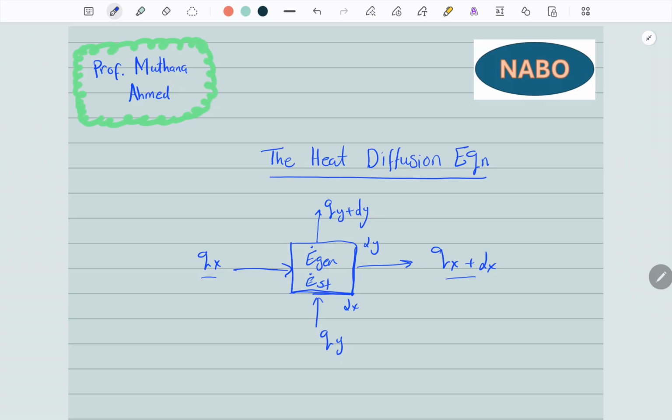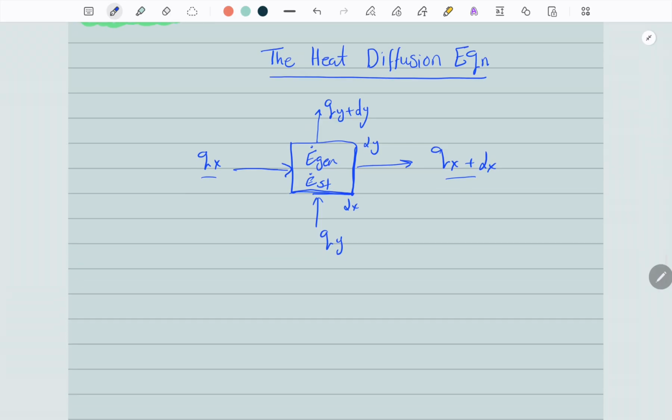Okay, so to start off with our material balance, we need to first focus on our inlets and outlets of heat transfer. So for example, qx, we'll start with that. We know that the heat is transferring into that differential element by conduction, covered in chapter 1, and that will be negative k times A times dT over dx. The reason behind the differential is because temperature is a function of x, y, and also z, but we'll assume z to be 1 unit length.